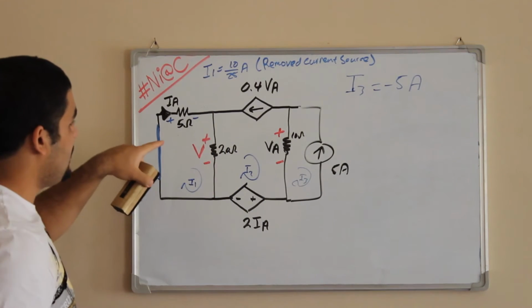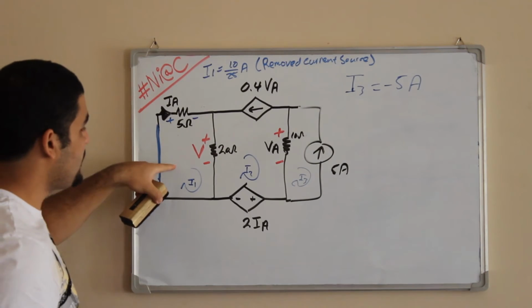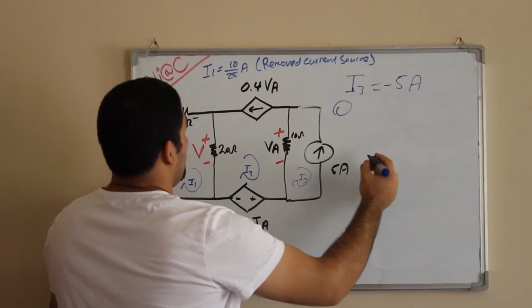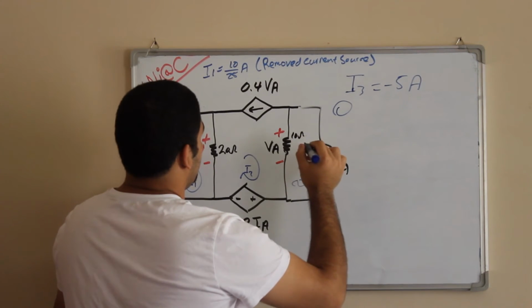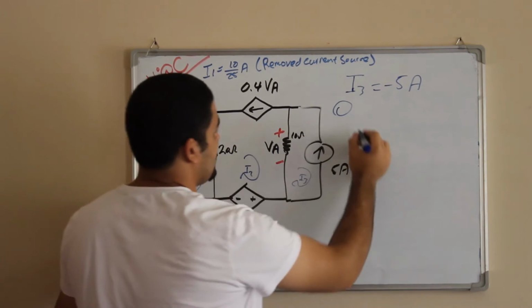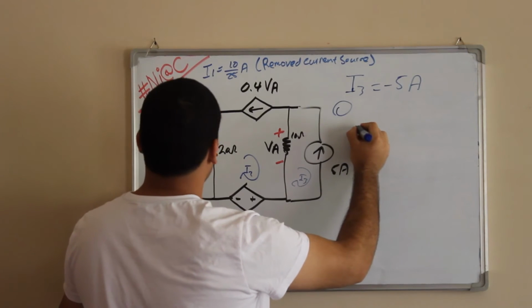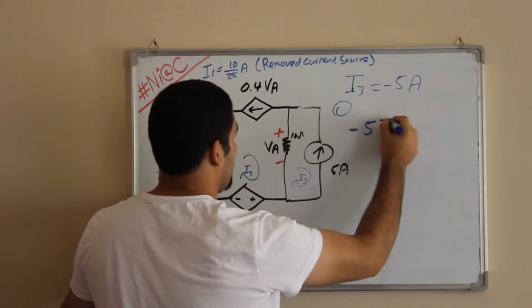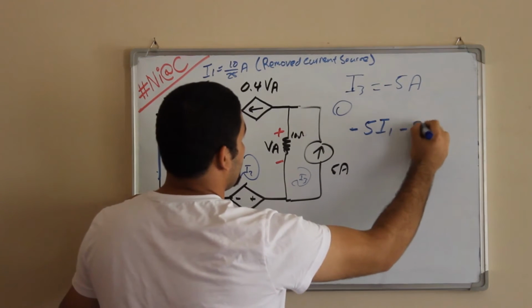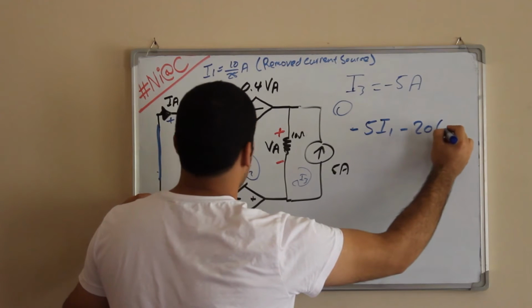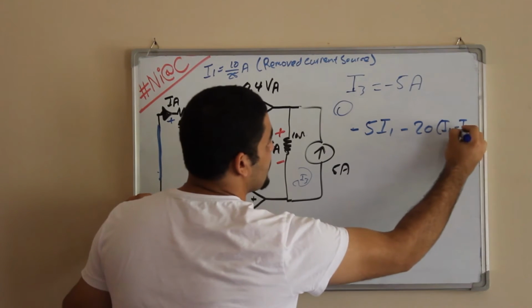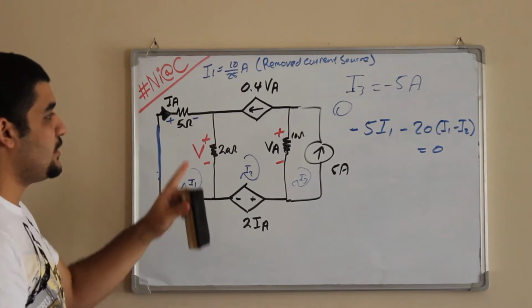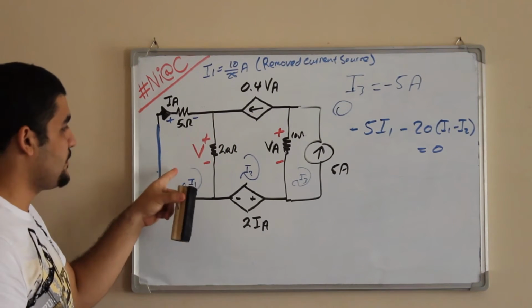Now, moving to the first loop, we write the KVL equation: minus 5 I1 minus 20 (I1 minus I2), all of that is equal to 0.